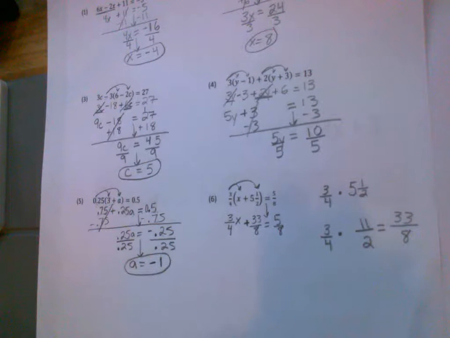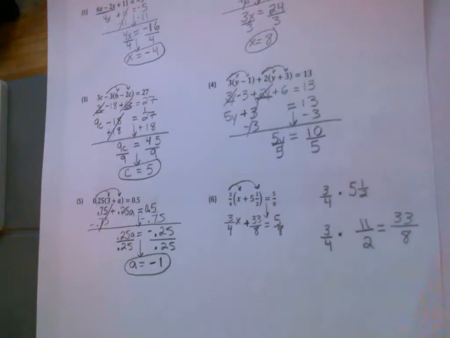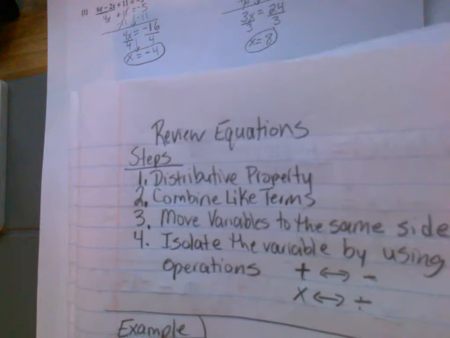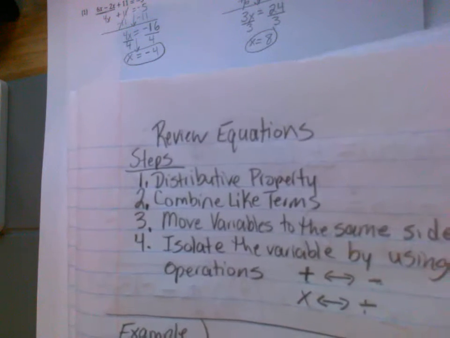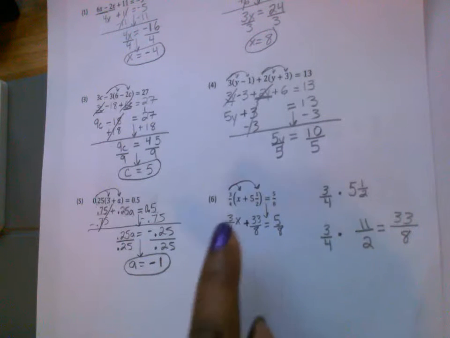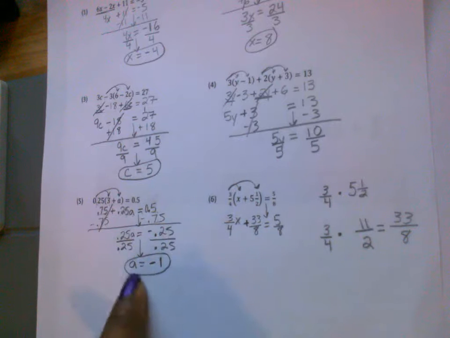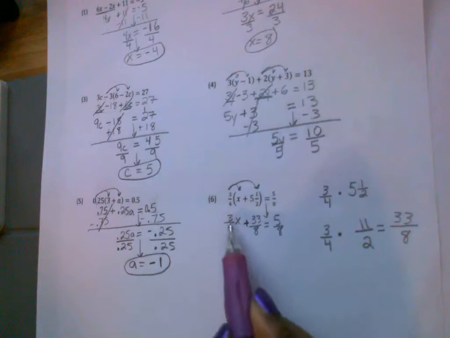Okay. So now we're going to do it the same way we've been doing all the other problems. We have to isolate the variable x. I skipped a couple steps because I don't have terms that I can combine and I don't have variables on both sides. So all I'm doing is isolating x. So I got to get x by itself. Remember what I said before over here. You want to get rid of the number that's directly attached to it by multiplication.